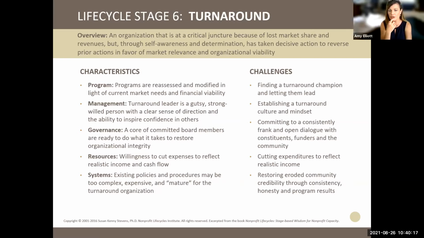Cutting expenditures to reflect realistic income, restoring any eroded community credibility through consistency, honesty, and program results. Again, if the decline was COVID and it was quick and outside the hands of the organization, then it may not be the credibility that's eroded, but it may be the knowledge or awareness of what you're doing now, or that you're even open, that's eroded. And so back to communication.